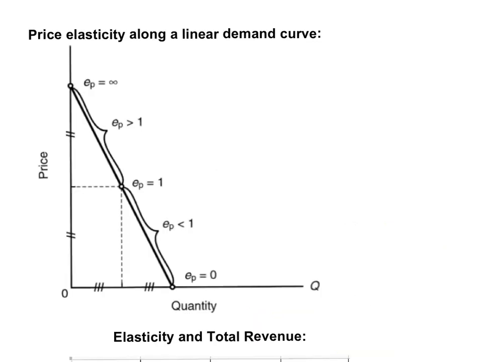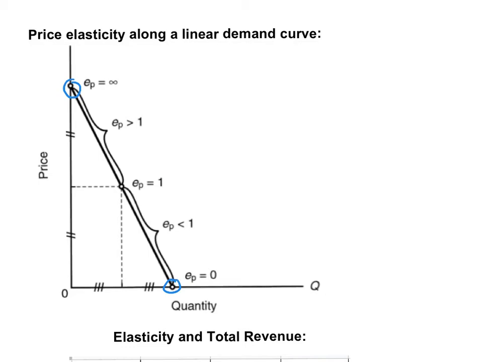So you should notice that for any linear demand curve, the price elasticity of demand is different at each point along the curve, varying from infinity at the vertical intercept to 0 when it meets the quantity axis.